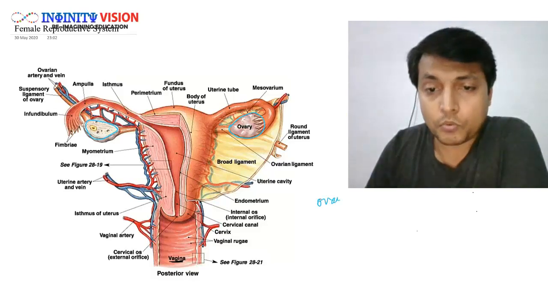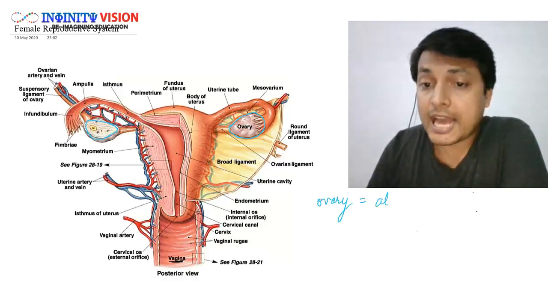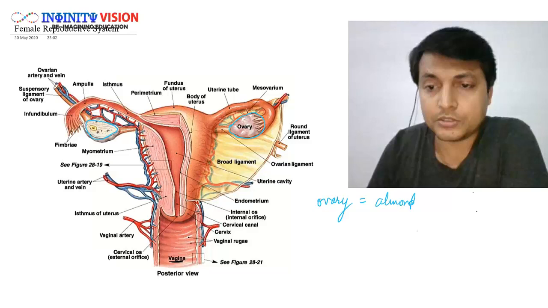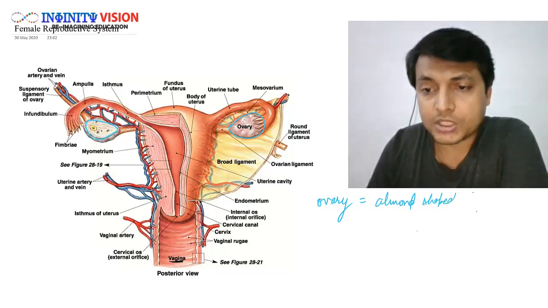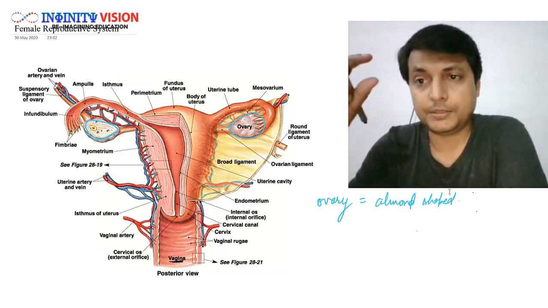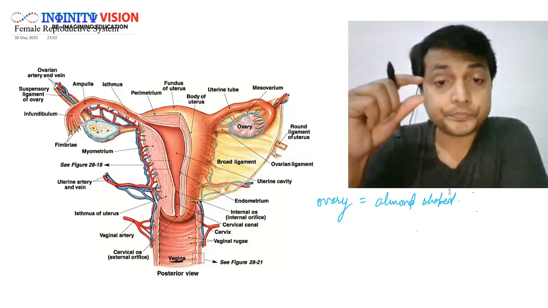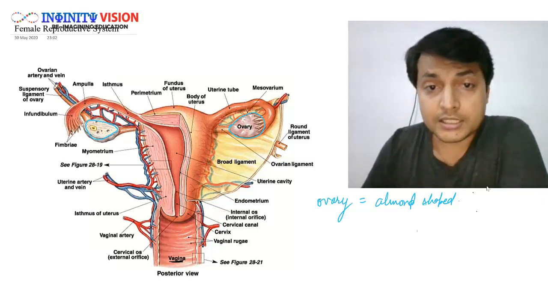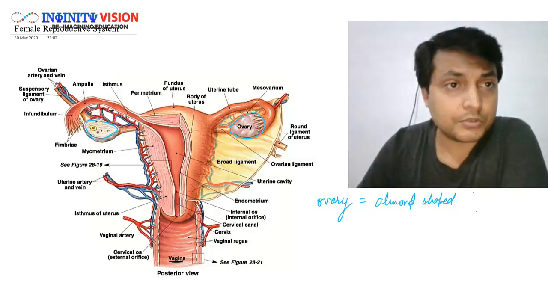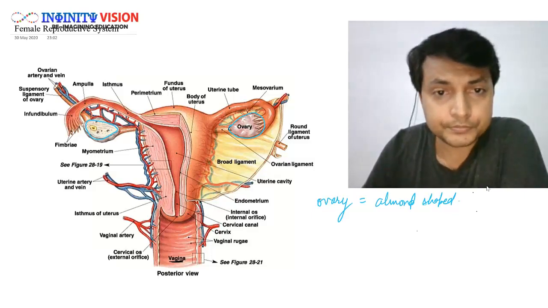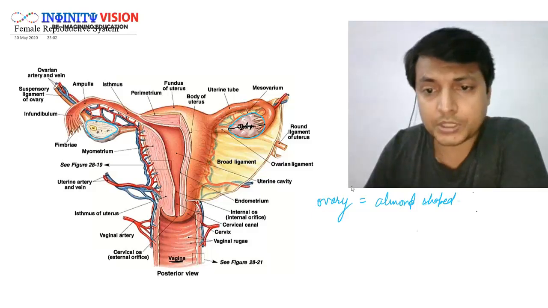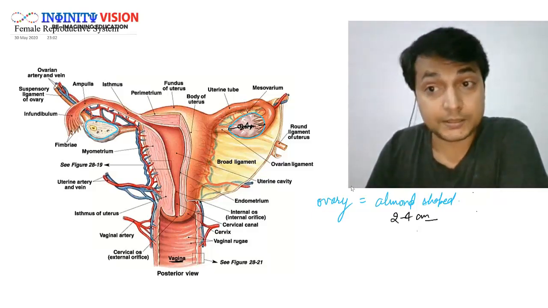And these ovaries are almond shaped. Can you see? They are like the shape of an almond, a nut. And from here to here, if you measure, it is around 2 to 4 centimeter in length.